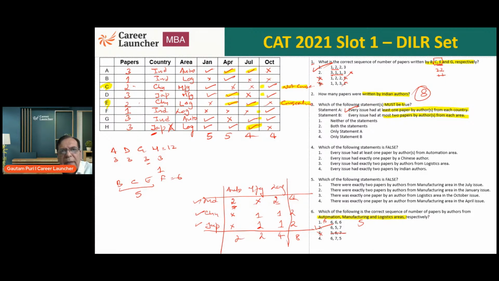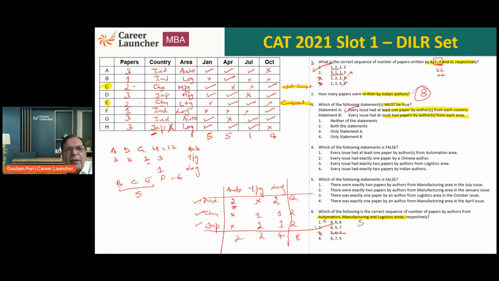Just erase this so that when we do more work, it won't interfere with what we are doing. Okay. What about every issue having at most 2 papers by authors from each area? So we need the number of. Okay. So let me do one more thing. We have automation, manufacturing, logistics.